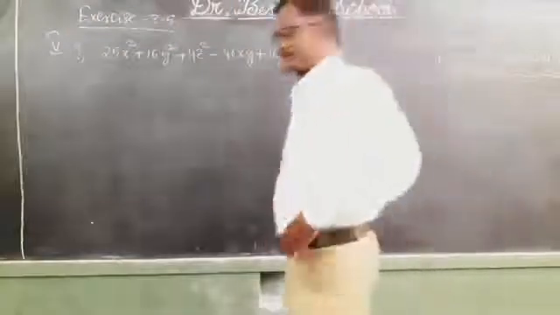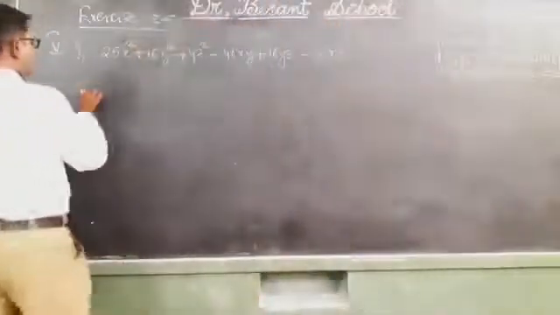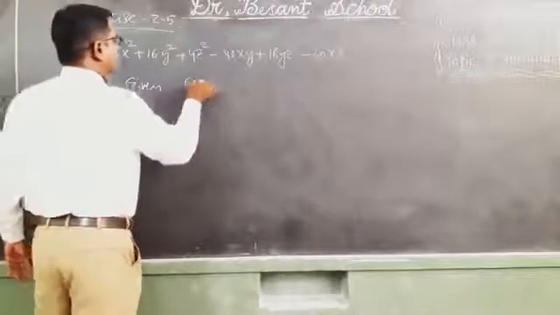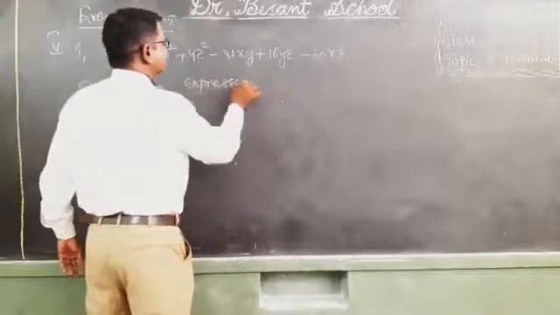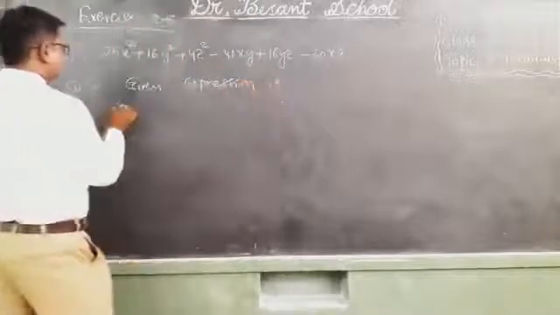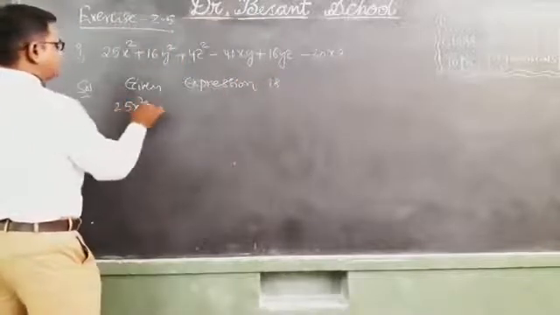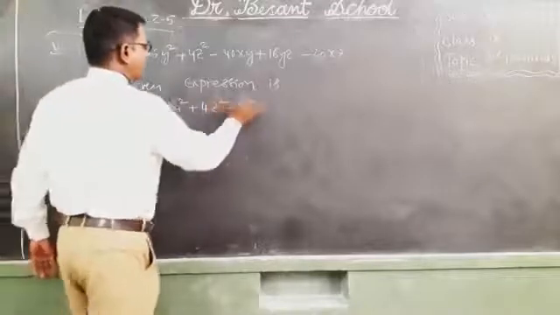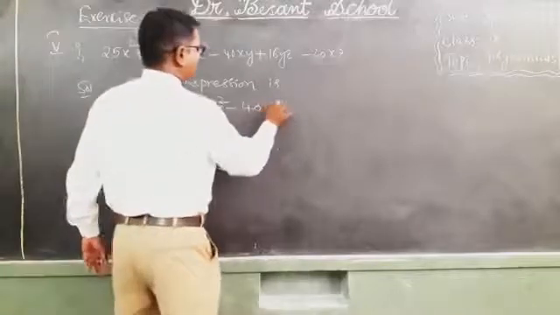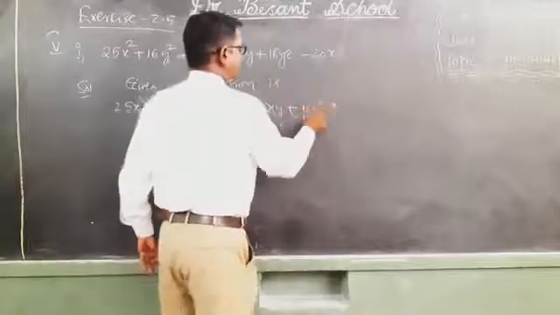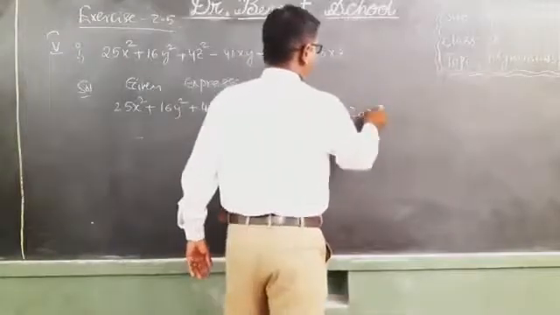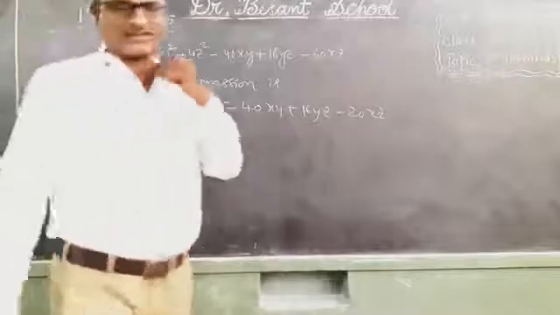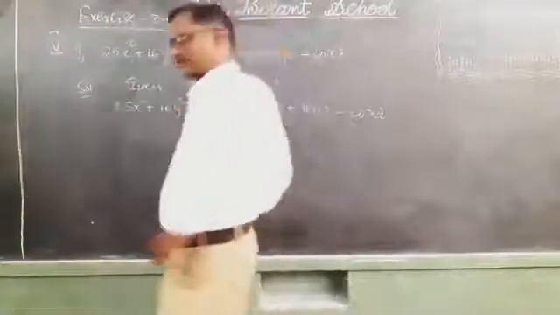So let us observe. The given expression is 25x square plus 16y square plus 4z square minus 40xy plus 16yz minus 20xz. What are the factors for this expression?